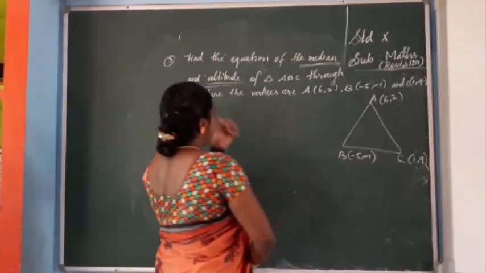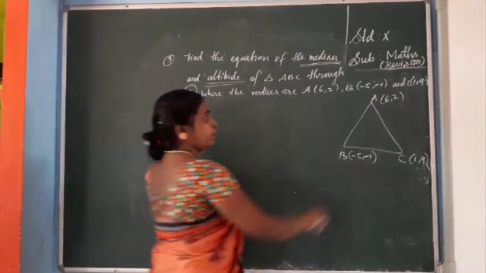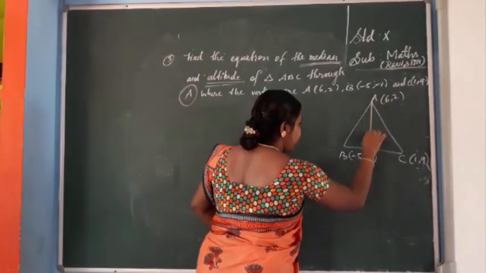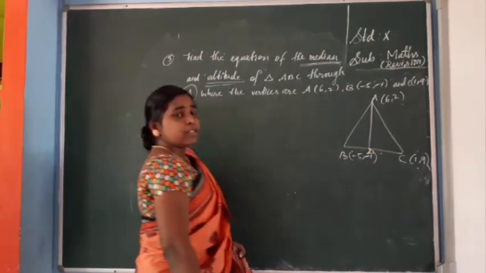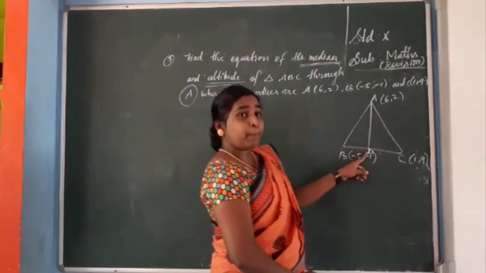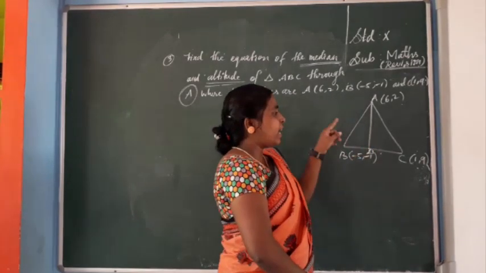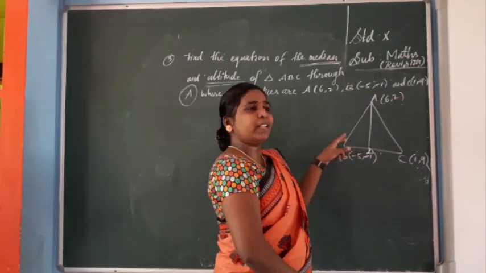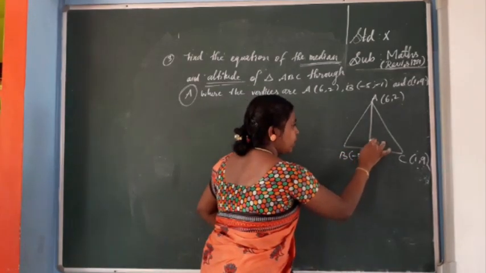Now our question is find the equation of the median through A. From A, how to draw one median? It will meet BC at the midpoint D. For the midpoint you should not mention the right angle symbol. Altitude means that is perpendicular, that's why we mention the 90-degree position. Here you should not. This is the midpoint.